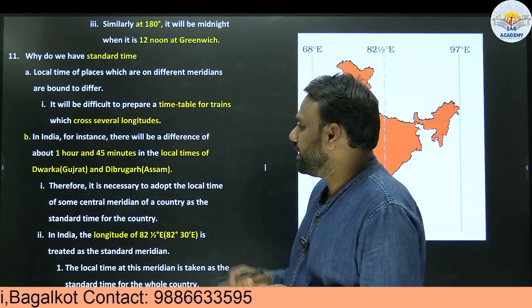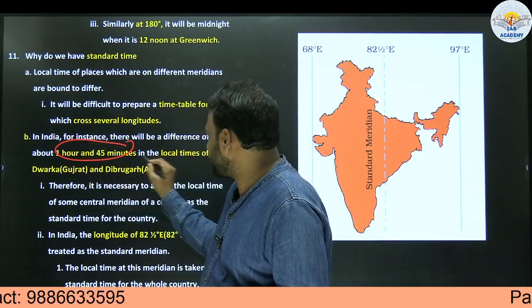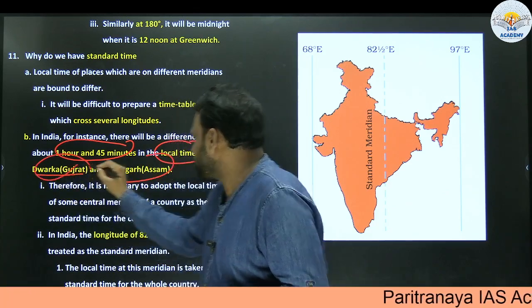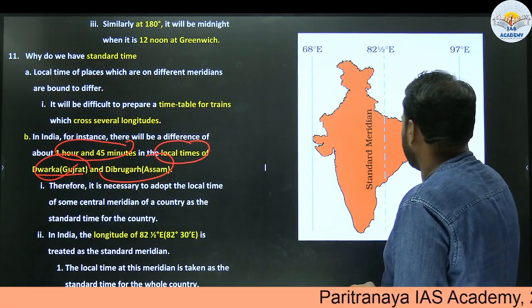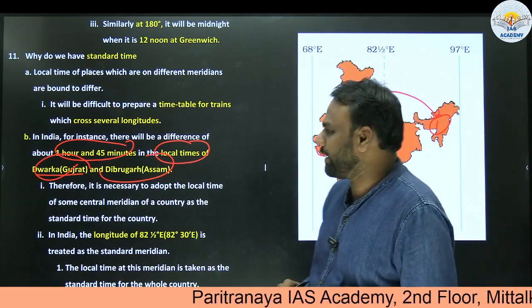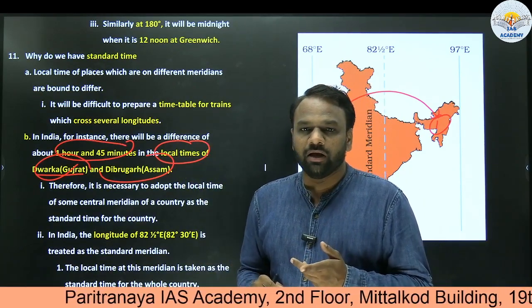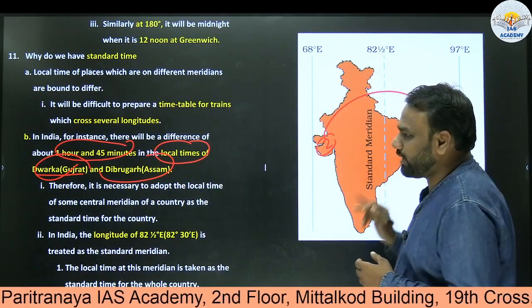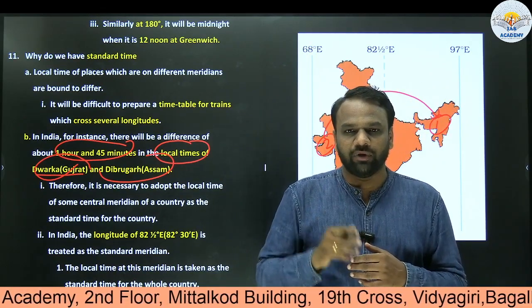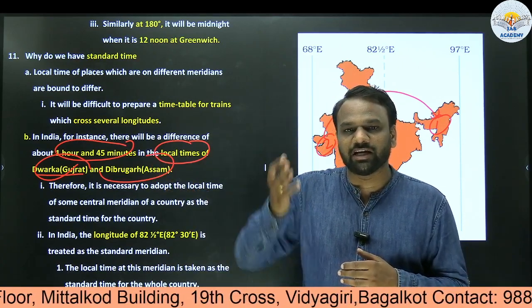In India, for instance, there will be a difference of 1 hour 45 minutes in the local times of Dibrugarh, Assam and Dwarka, Gujarat. It means if the sun in Dibrugarh shines exactly overhead at 1 p.m., then at what time will it shine exactly overhead at Dwarka, Gujarat?